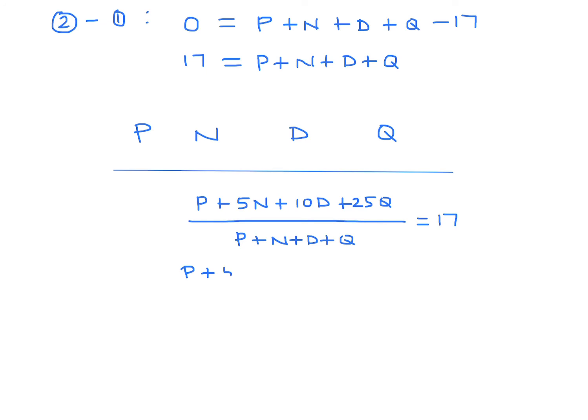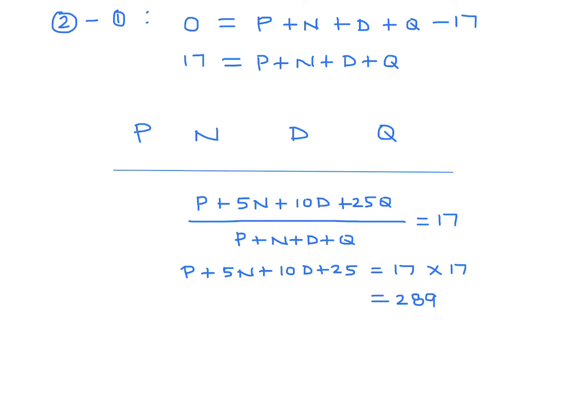That means P plus 5N plus 10D plus 25Q is going to be 17 if you cross multiply times this, but that we know is 17. So it'll be 17 times 17 like that, which is 289. So I've got to figure out, how do I get a sum of 289 if I use pennies and quarters and dimes and all that stuff?